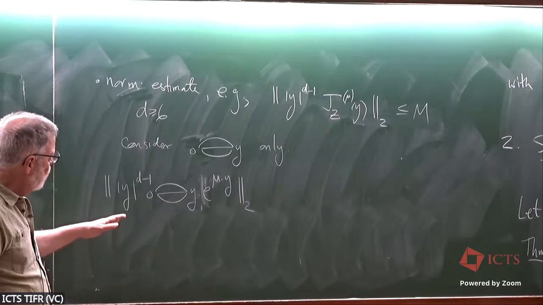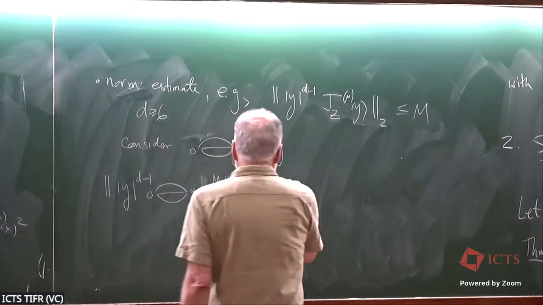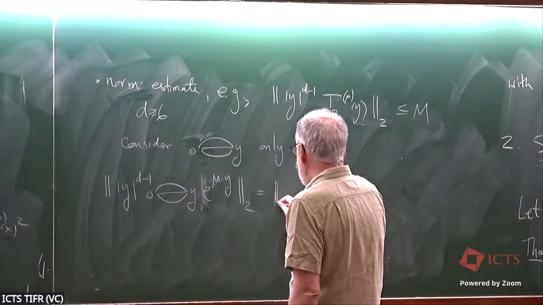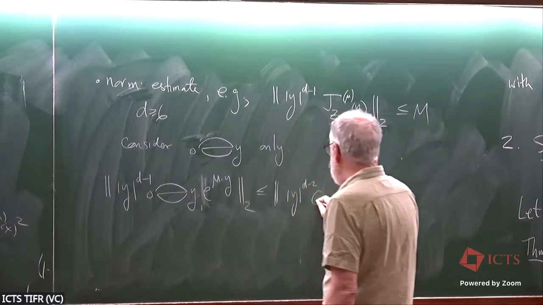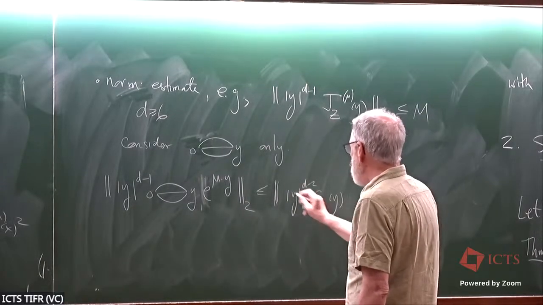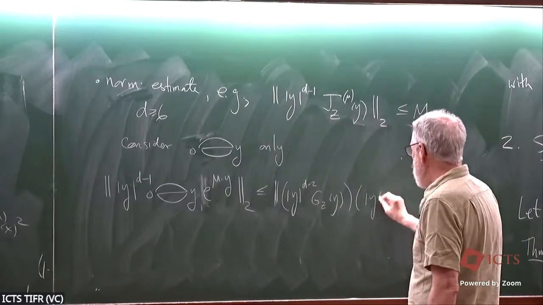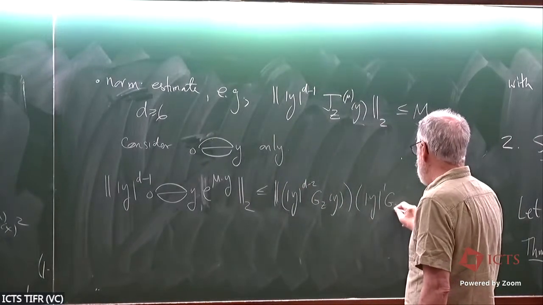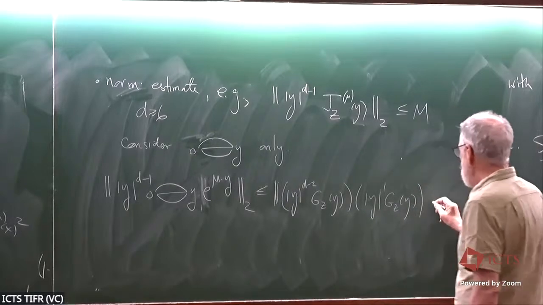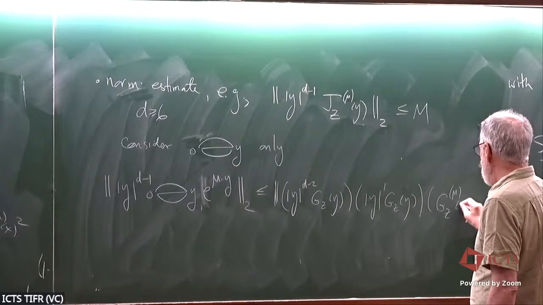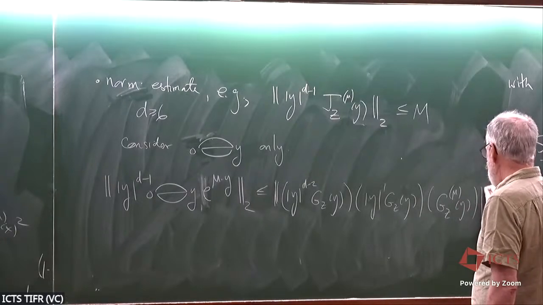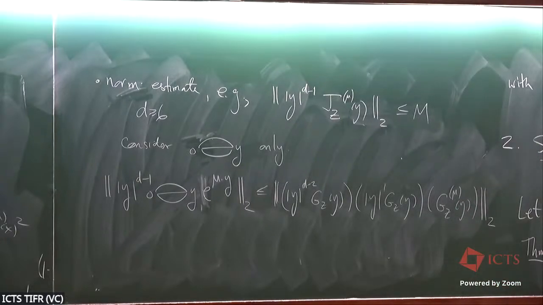And what I'll do is write this as less than or equal to y to the d minus 2 times gz of y times y to the 1 times gz of y times gz mu of y. I'll finish in a minute or two.